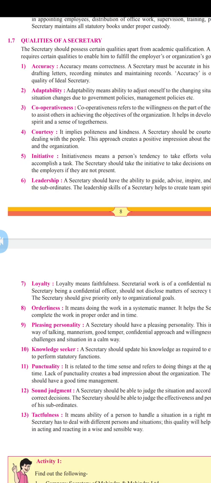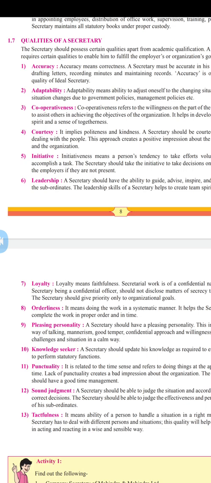That's why the secretary should have an initiative approach. That means he also always performs the role of a leader. If he takes the right decision, or if he chooses the right path, then automatically the organization gets the success.